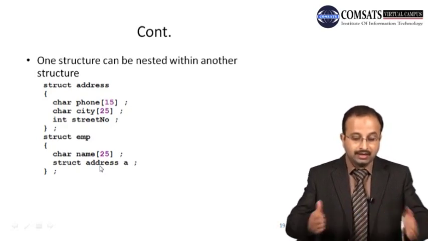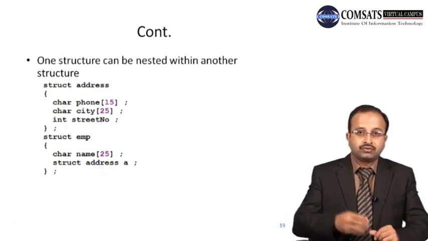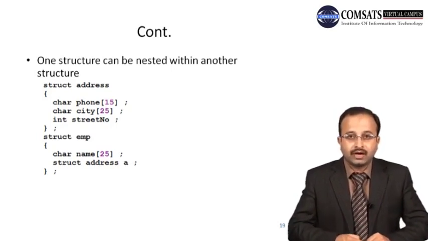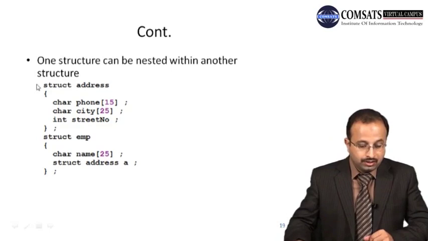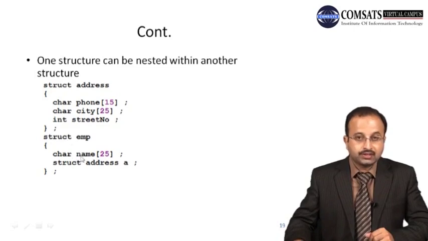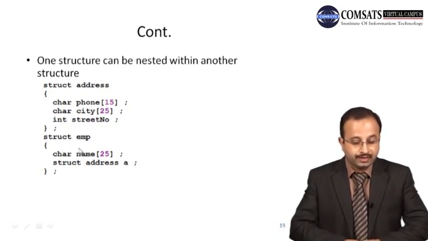Instead of making a large structure, you divide the structure into 2 parts. For example, you have an employee structure that contains employee name and the employee address. Instead of writing all these things inside here, you make a separate structure of the address and declare a variable inside here. Now this is still a structure definition. Memory will not be allocated here. Okay?